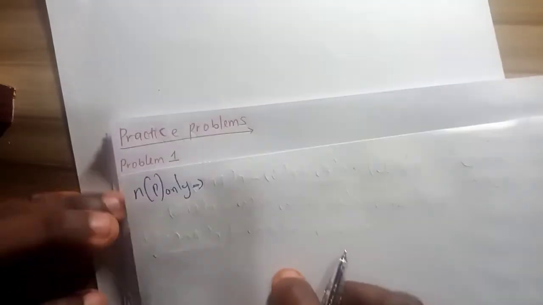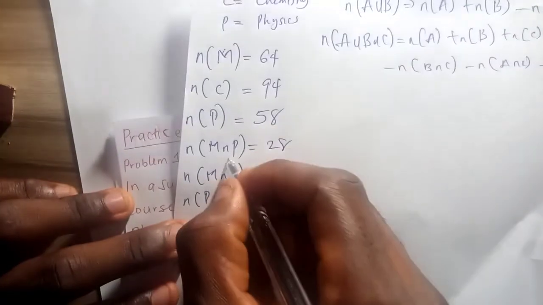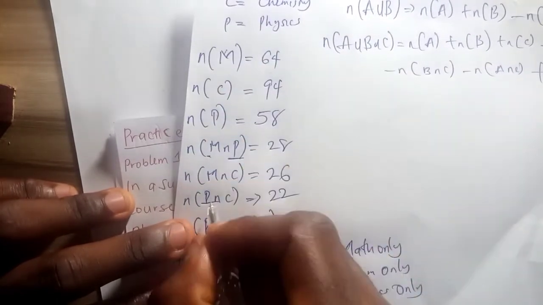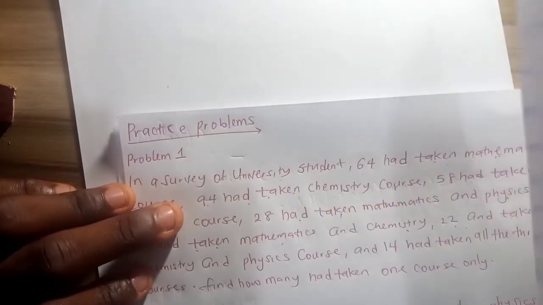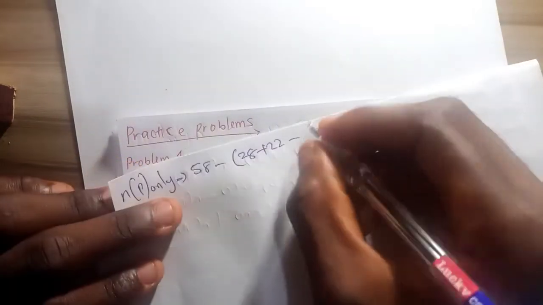Now the number of those that offer physics only, that will be 58 minus. How do I know the next one? Anywhere P appears in two forms, this one is M and P, and P and C, I'll just add them together. This is 28 and 22, 28 plus 22 minus the 14.